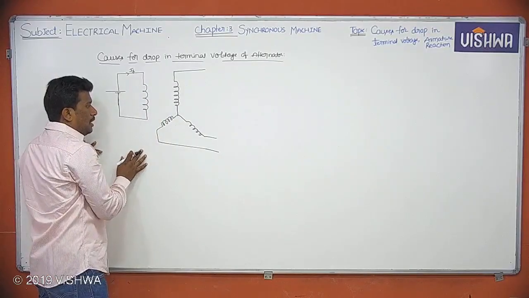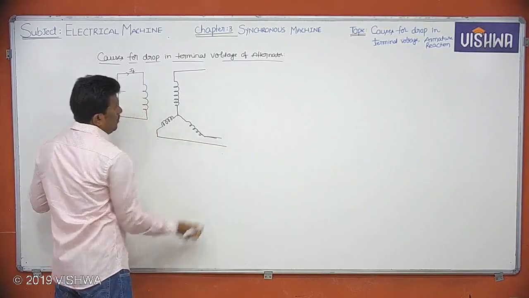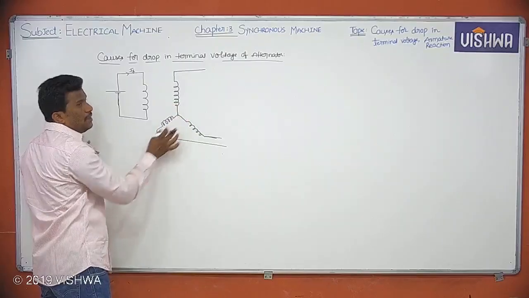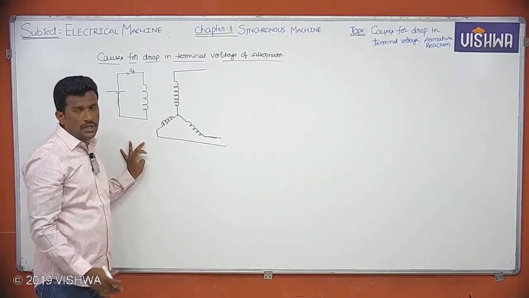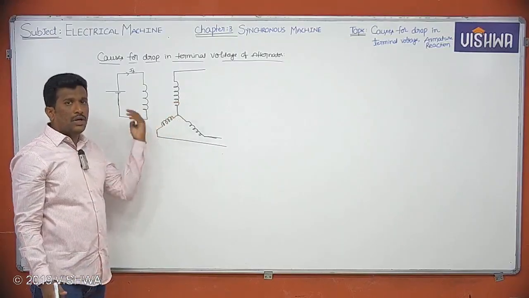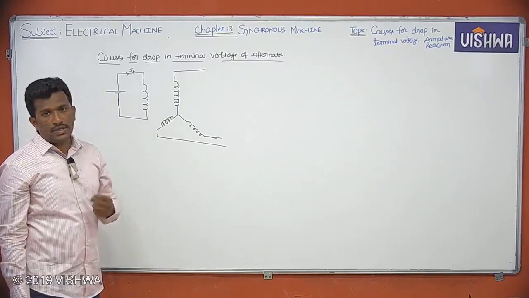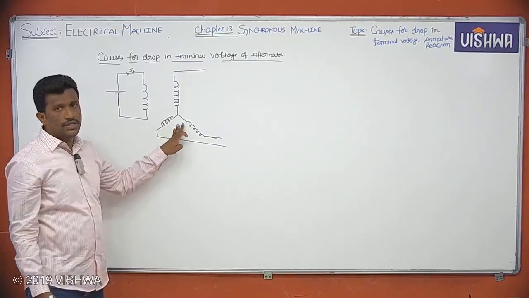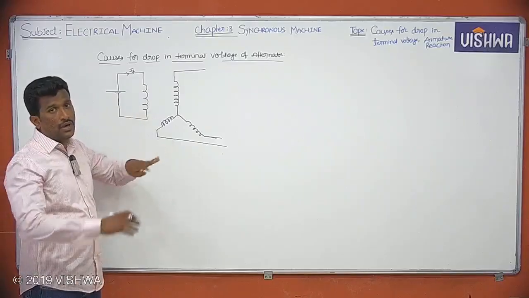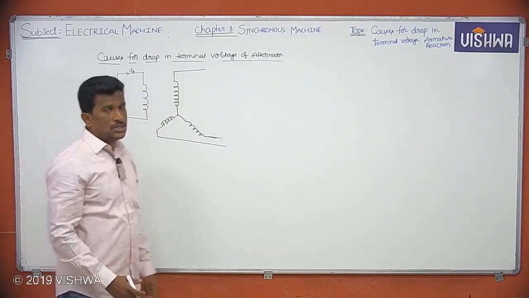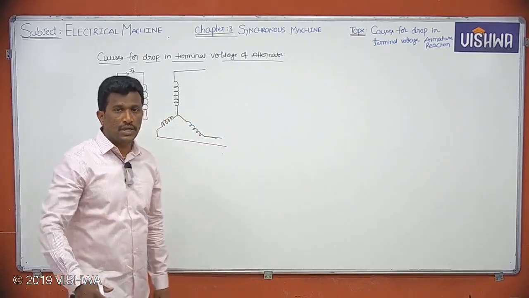Generally, in case of synchronous machine, we'll be placing armature winding on the stator, field winding on the rotor. So already we discussed. You can place armature winding on the rotor, field winding on the stator also. So both arrangements are possible, but because of some advantages, armature winding should be placed on the stator and field winding on the rotor in case of large size alternators which we are using in a power system, the power generation alternators.